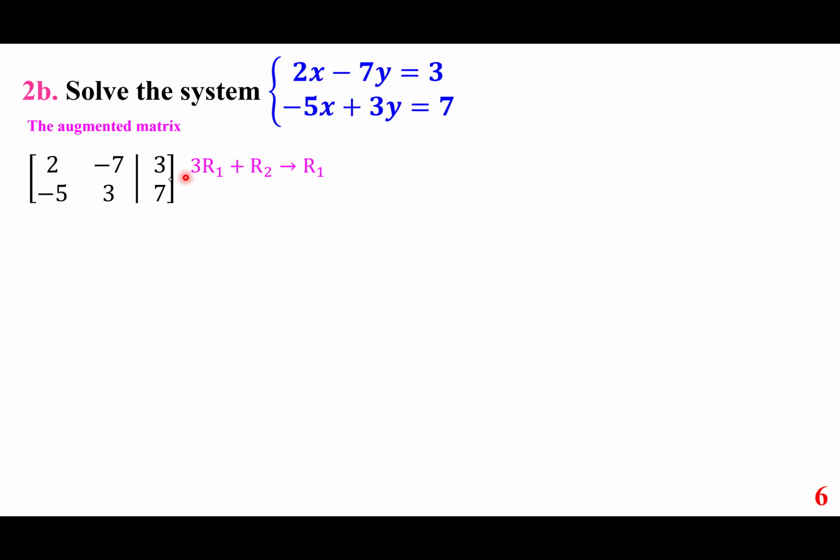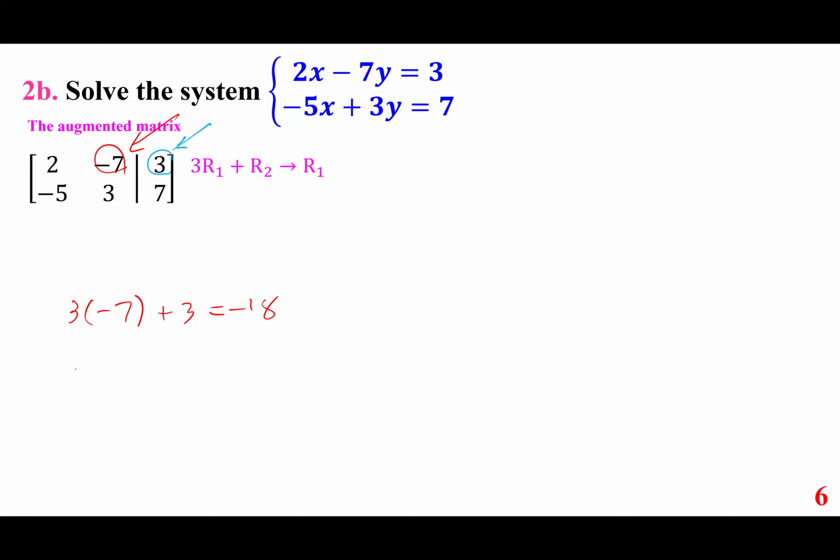So 3 times this and -5 is 1. Now 3 times this, 3 times this. Just for the sake of argument to show you this one, 3 times -7, plus 3, that means -21 plus 3 is -18, so now this would be -18.